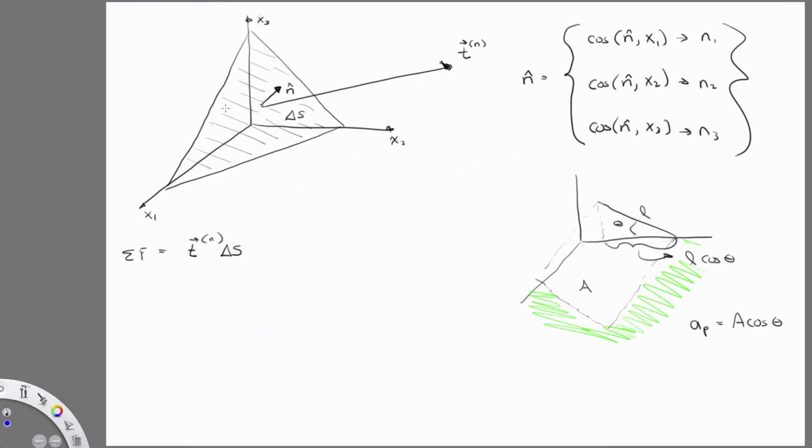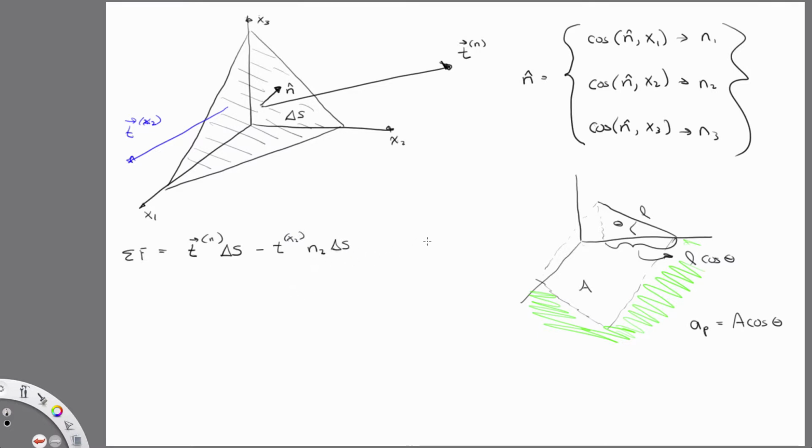Yeah, so over here there's this t of x2, right? So the force on that face then is minus t x2 times n2 delta s.